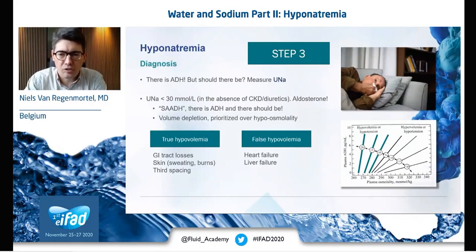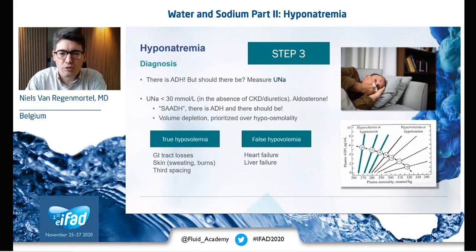And the best measurement, and I again refer to my first talk, is to see whether there is aldosterone working here, and the best measurement in the urine or in urinary biochemistry to see whether there is aldosterone present is the measurement of urinary sodium. When this urinary sodium is very low, of course, in the absence of chronic kidney disease or diuretics, we know there is aldosterone working. And I think we can call this easily the syndrome of appropriate ADH secretion.